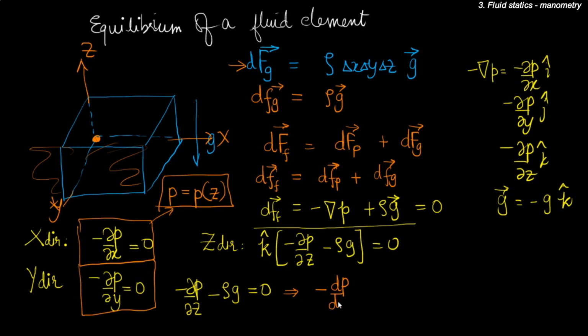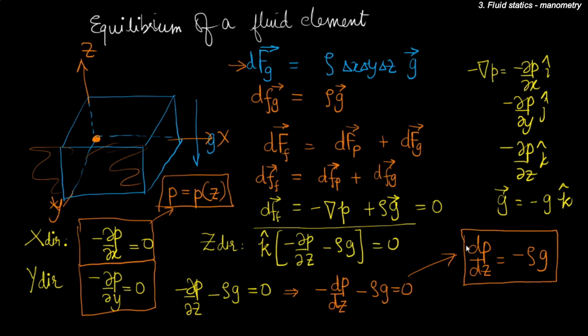So del p del z becomes dp dz, and we have minus rho g equal to 0, and thus dp dz is equal to minus rho times g. This is the ordinary differential equation which governs fluid statics.